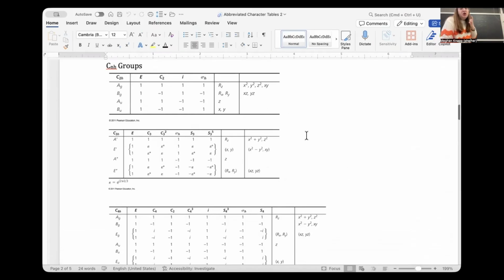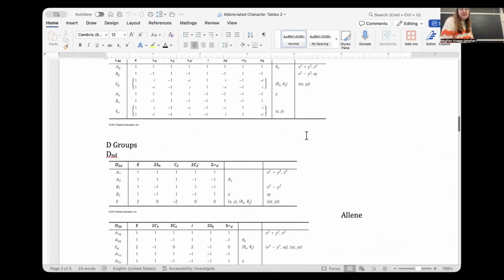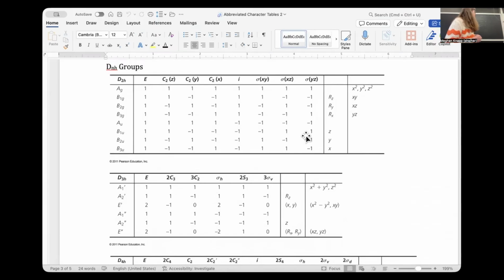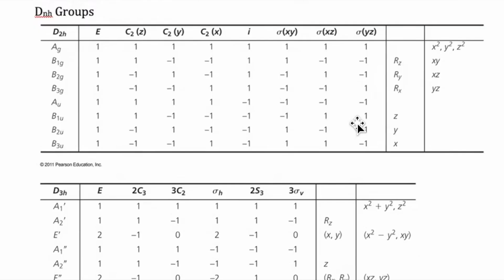All right, the next one is only for groups that have an inversion center. So C2H has an inversion center, and most of the D groups have inversion centers, not the D3H and D5H, but most of the other D groups have inversion centers.